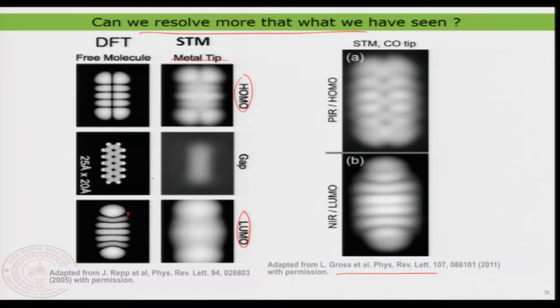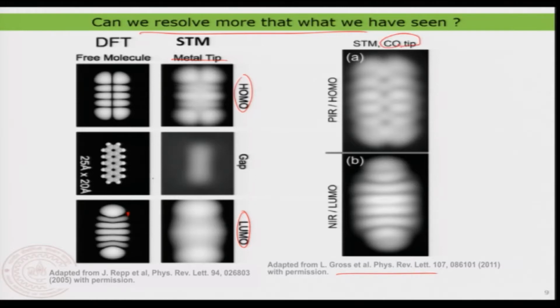There is also an additional aspect: metallic tips are known to have a broad density of states, so they are not electronically sharp. Therefore, people thought we could use a molecule to scan and image at a higher resolution. In this paper, they used a carbon monoxide tip.